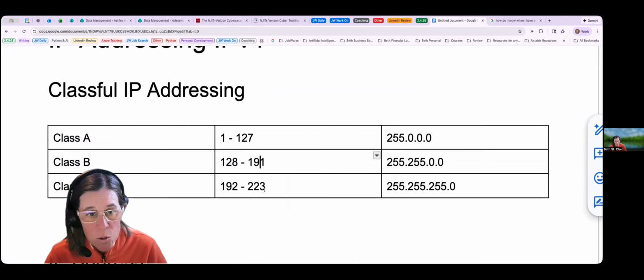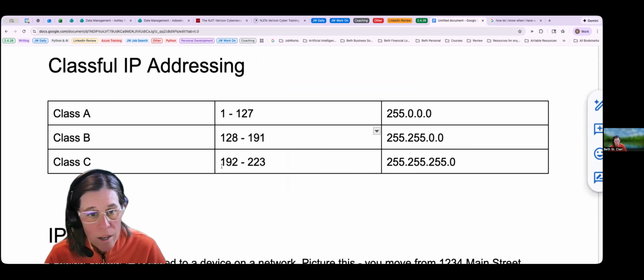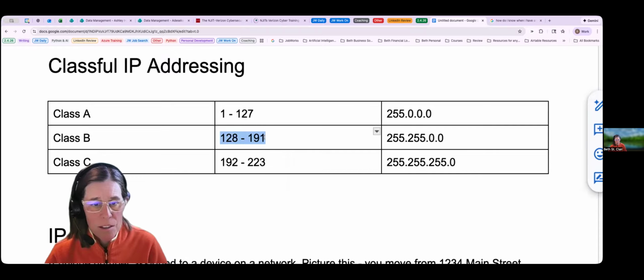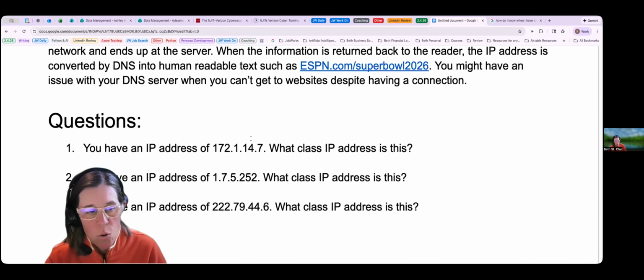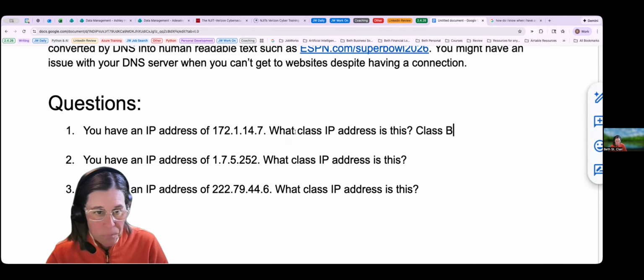Therefore, this is most likely a class B. I'm going to look one more time here. I look at 192. Is it greater than 192? No, it is not. So if the answer is no, that means I go back to the B option. 172 falls between 128 and 191. Therefore, the answer to this question is class B.